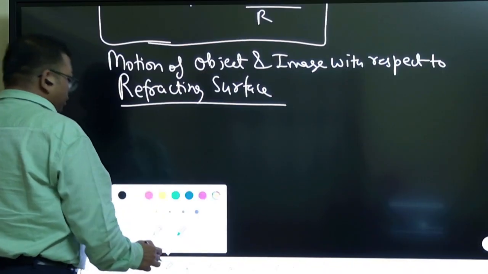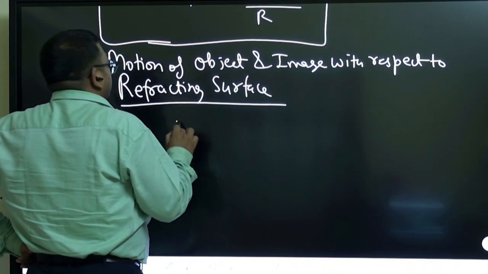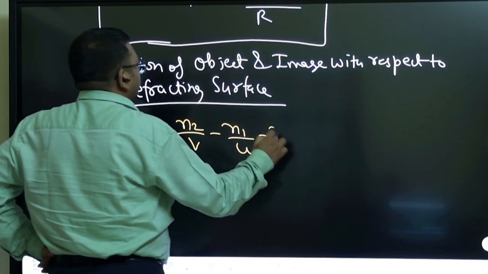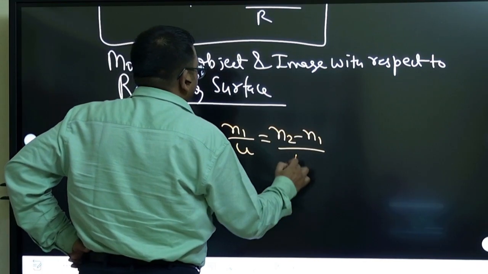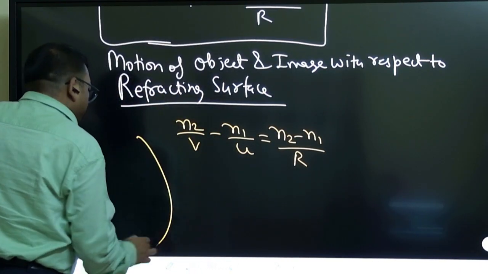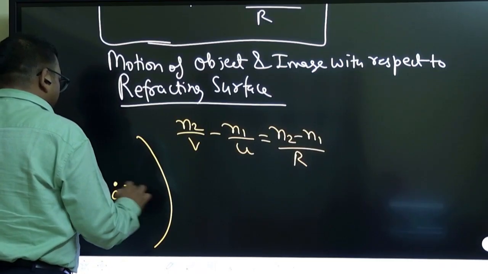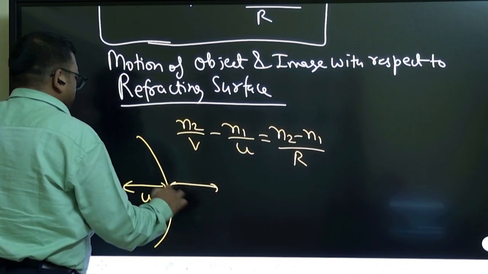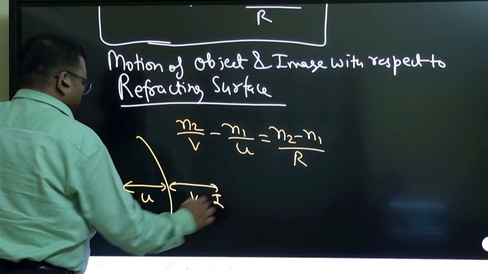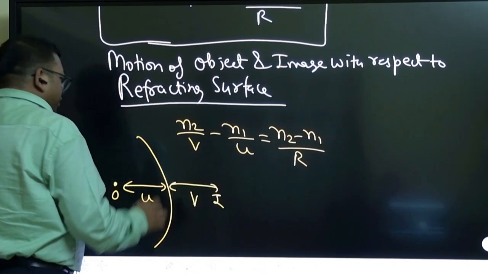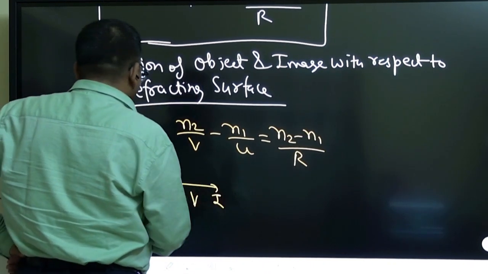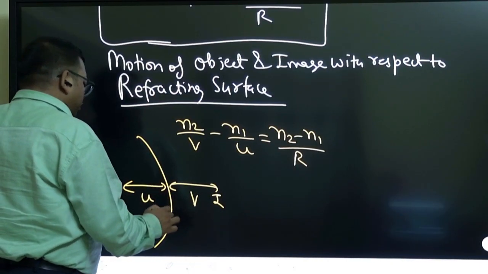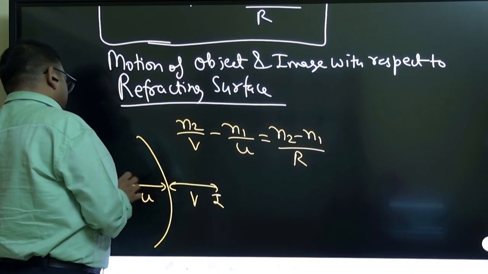Suppose I write this formula as n2 by v minus n1 by u is equal to n2 minus n1 by r. This is for a surface where this is the object, let us say. Object distance is u, image distance is v. Now if I differentiate, remember this is only horizontal motion we are talking about. Relative to mirror, mirror may also move, but in this direction.